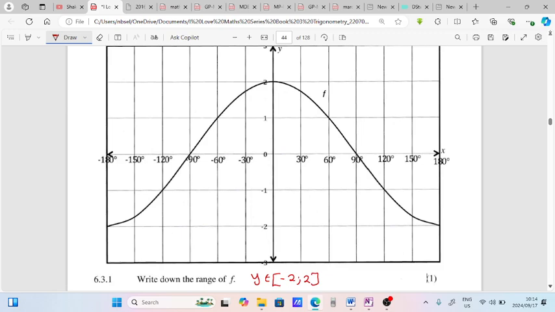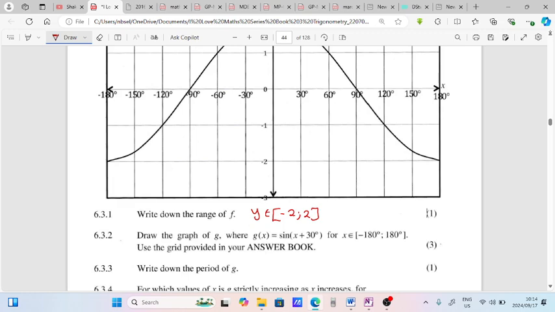Question number 2. Draw the graph of g where g of x equals sine of x plus 30 degrees. Now they say write down the period of g.